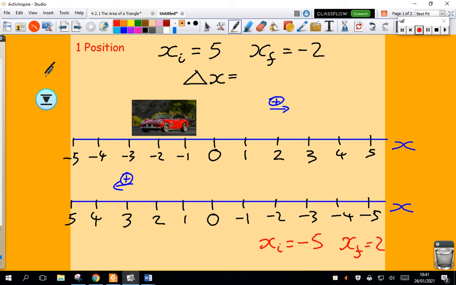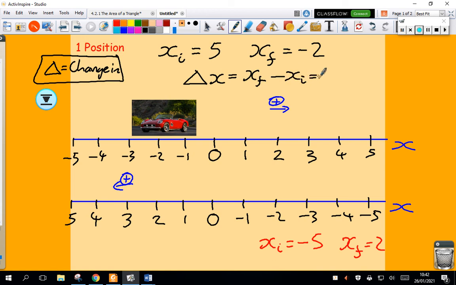Delta always means in mathematics the change in something. So this is delta x, which means the change in x. Well, how do we find the change in x? We start with whatever our final position was, and we subtract our initial position. In this case, it would be -2, subtract 5, which would be -7.